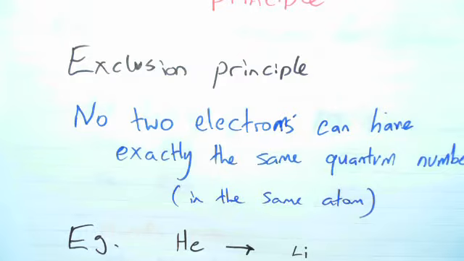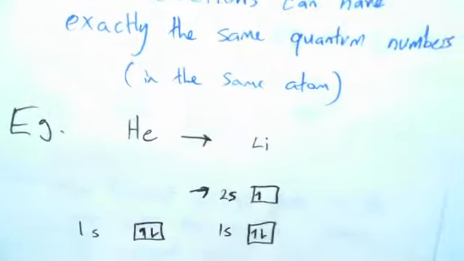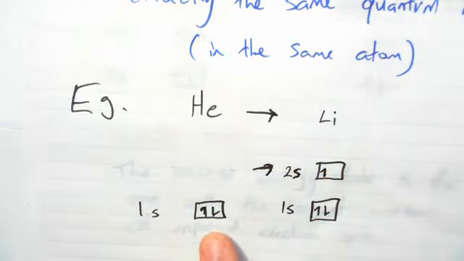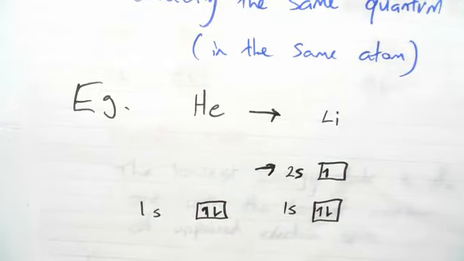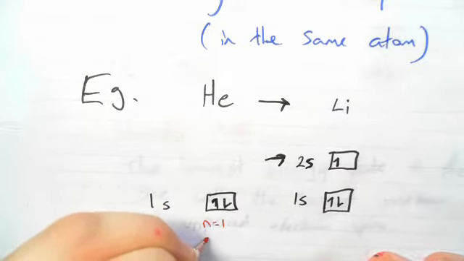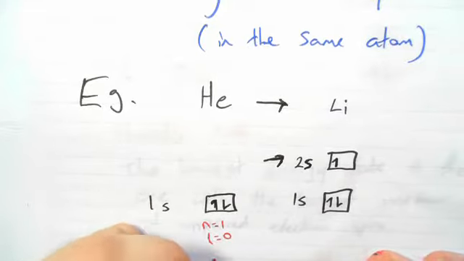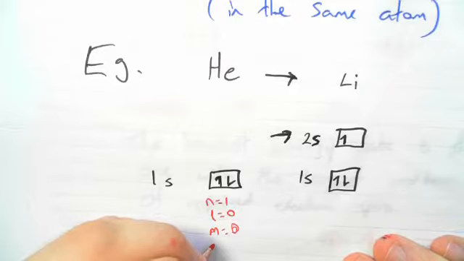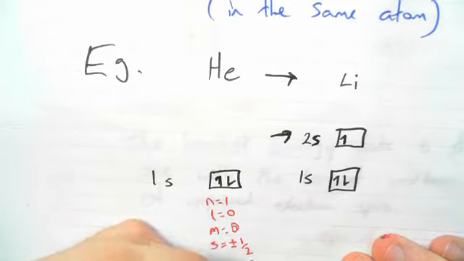So for example, here we have helium, which has a 1s with two electrons in it, one spin up, one spin down. So they have n equal to 1, l equal to 0, m_l equal to 0, and you guessed it, m_s equals plus or minus a half.